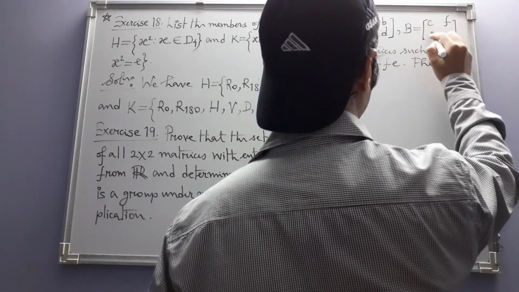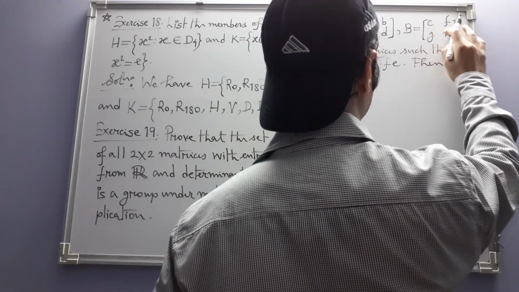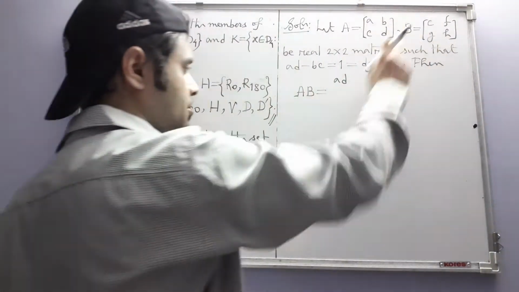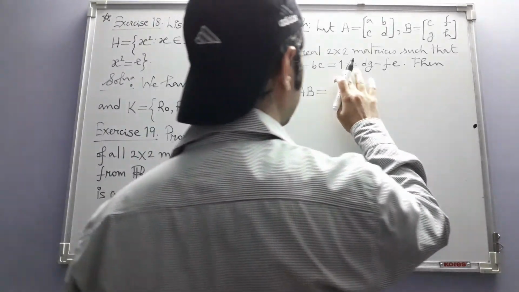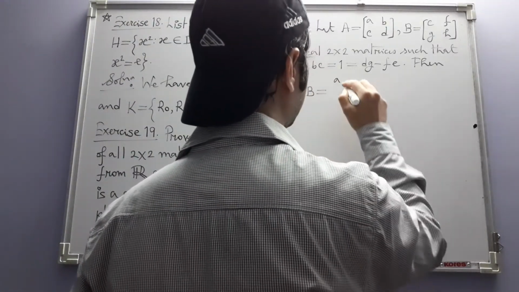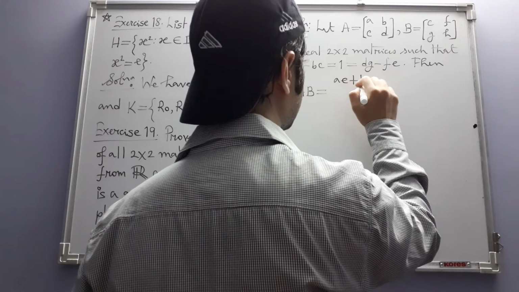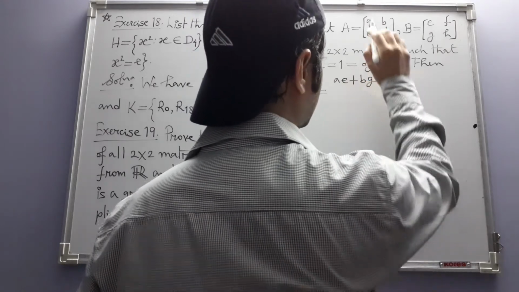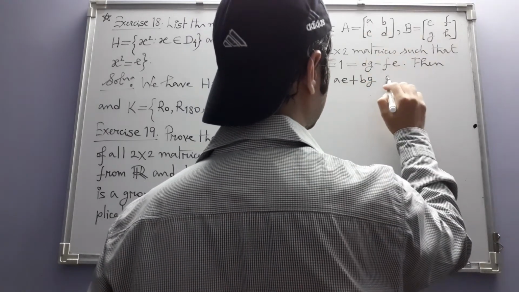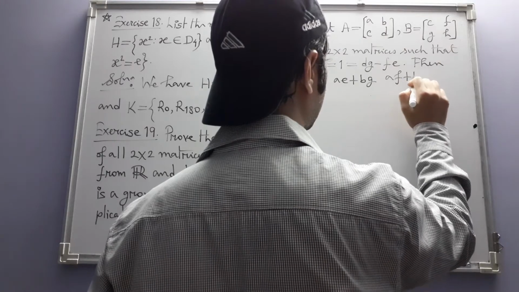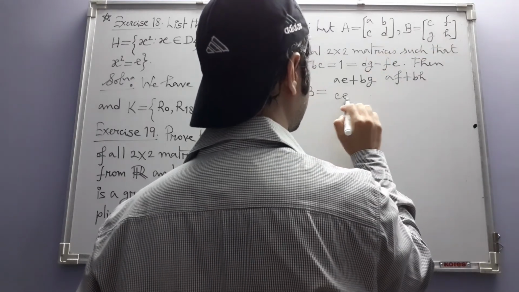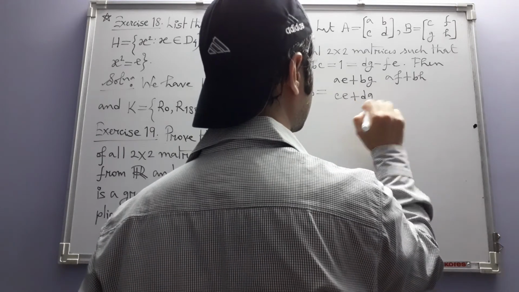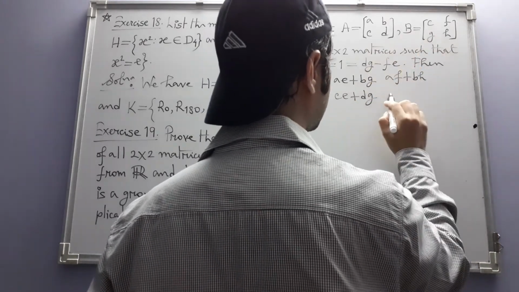B is (e, f, g, h). We cannot assume that these two elements are equal. They may not be. So AB is: ae plus bg, af plus bh, ce plus dg, cf plus dh.